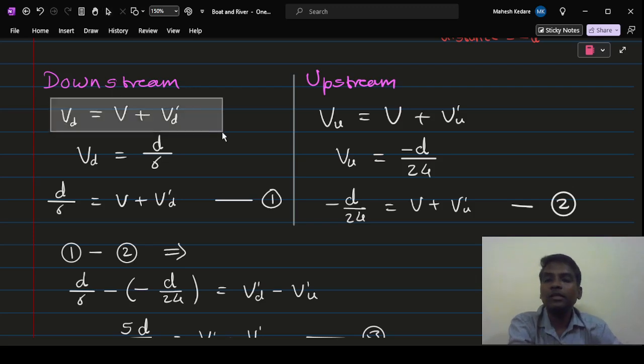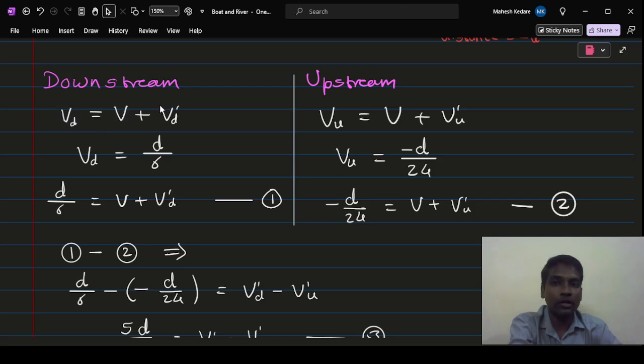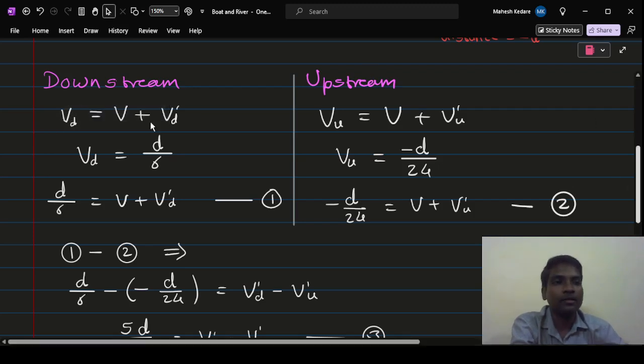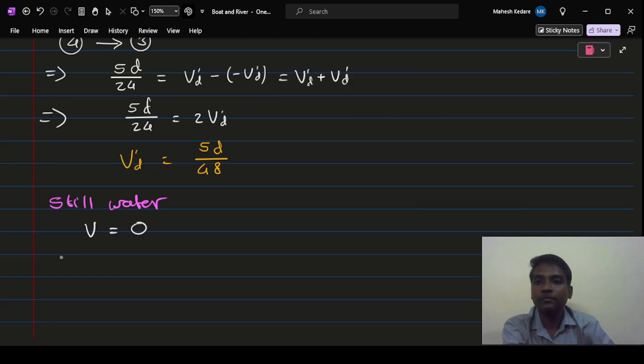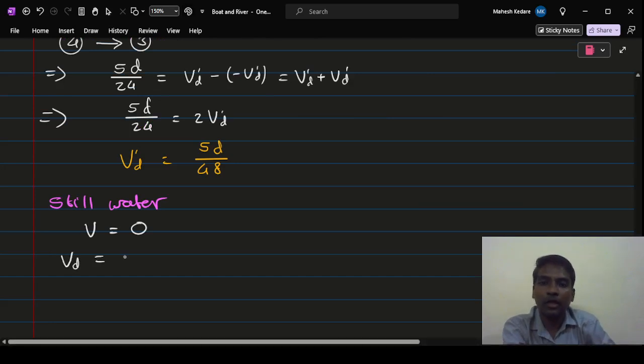Recall this equation for speed of boat from ground. For example, in downstream motion, the speed of boat relative to ground was the speed of river plus speed relative to river. But when water is still, the speed of river is 0. So we use this equation with the speed of river equal to 0 and rewrite it as the speed relative to ground equal to the speed relative to river in still water.